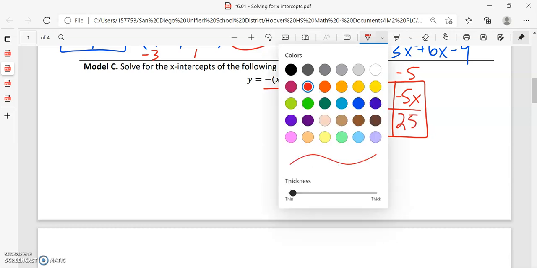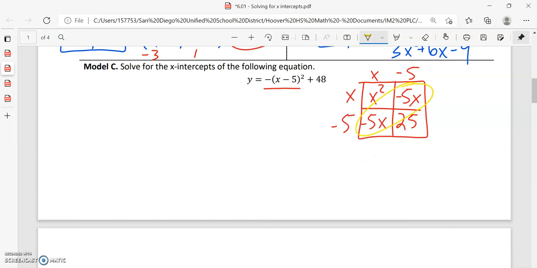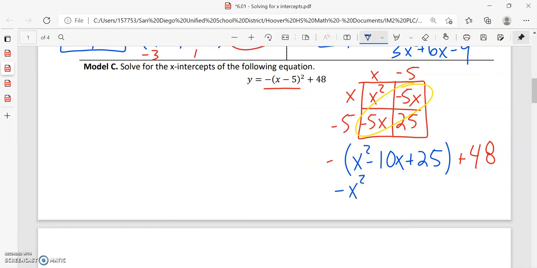Like terms are in here. So when we add those up, we're going to get x squared minus 10x plus 25. And we still have a negative sign out front with a positive 48 on the back side. Okay. That negative sign out front just changes our signs. Negative x squared, positive 10x, minus 25, and positive 48.